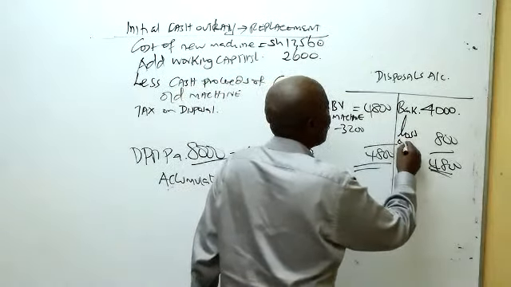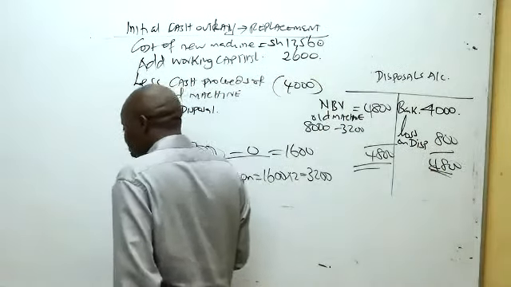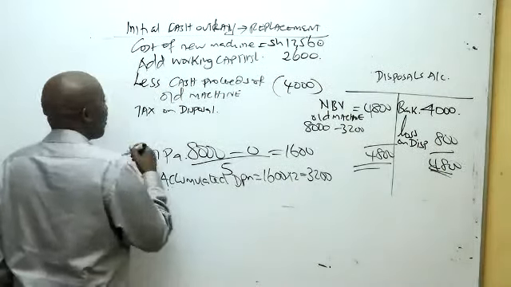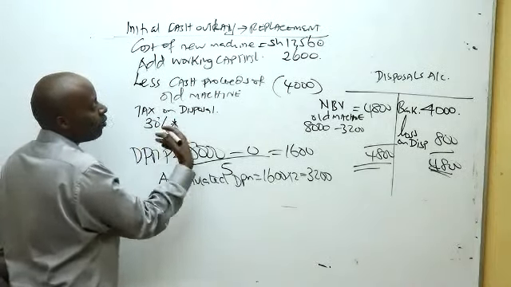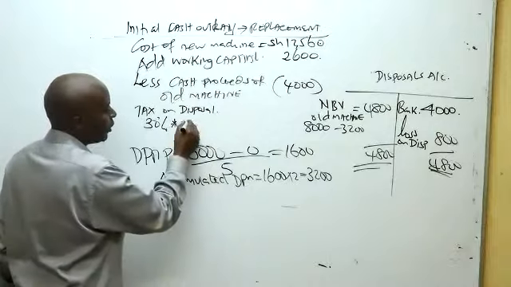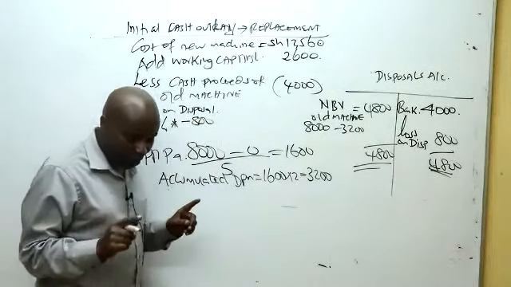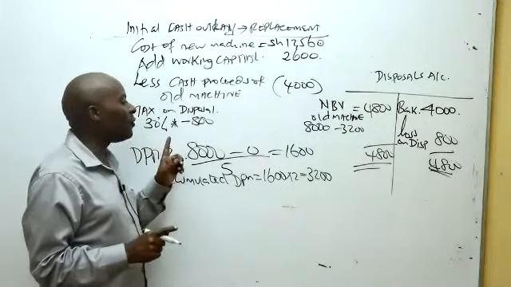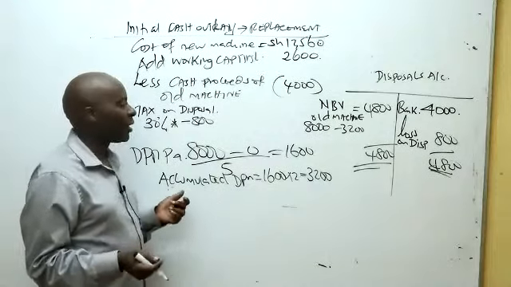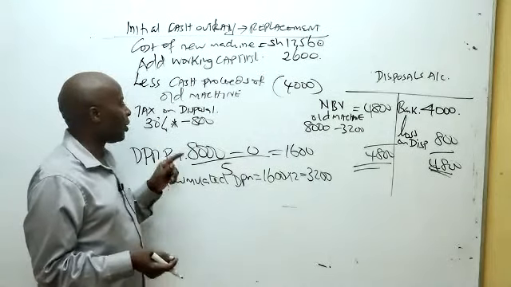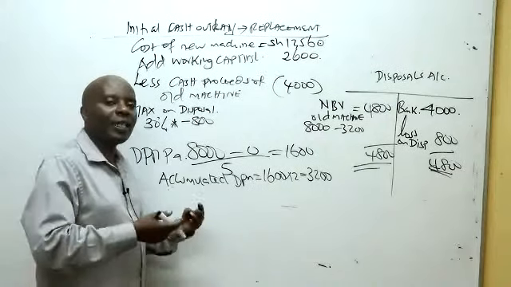So what we shall do, ladies and gentlemen, is to take 30% of my loss. My loss, which is minus 800. Remember, many times I've proven to you that whenever you get a loss, it is important to tax it. You tax a loss, a negative profit. So 30% of minus 800, it's like the taxman is refunding money for you.